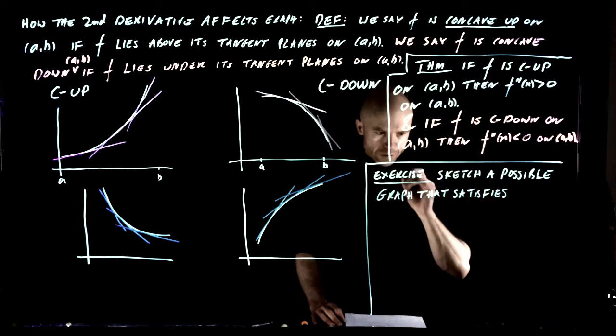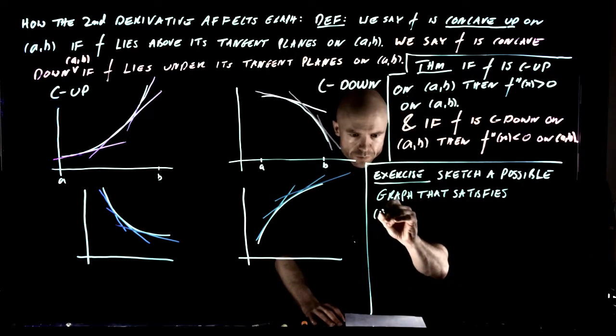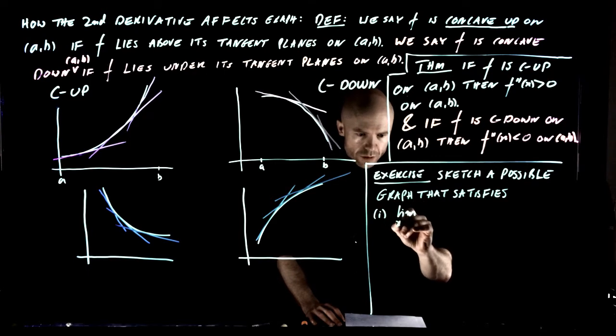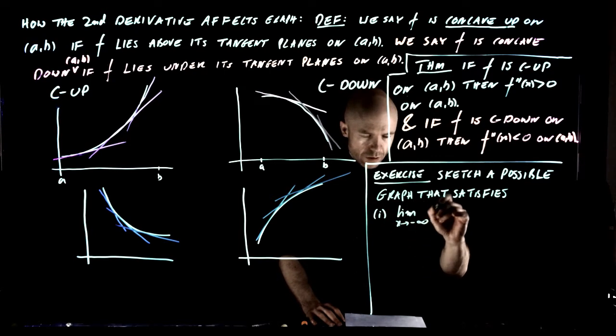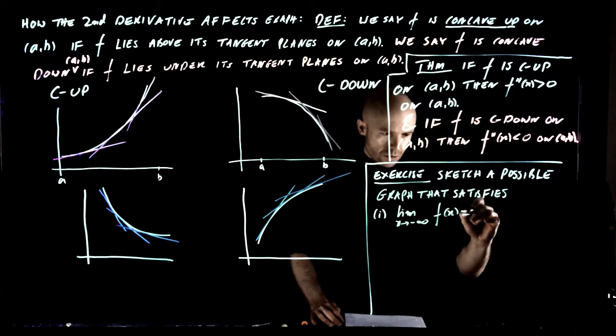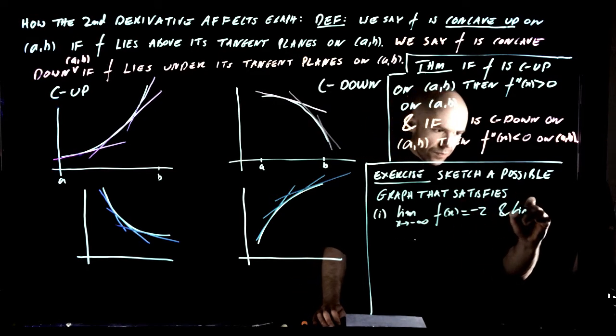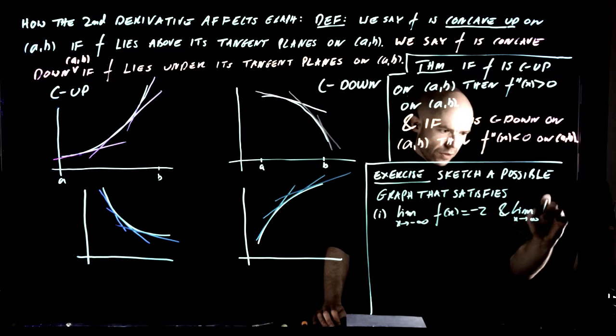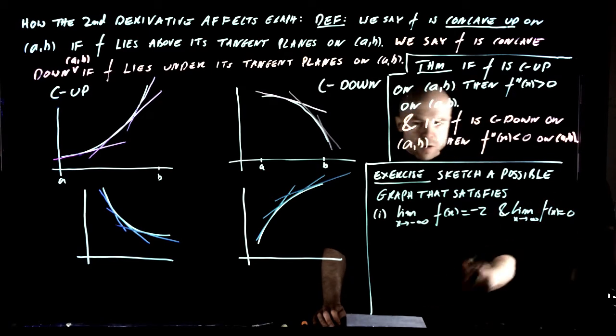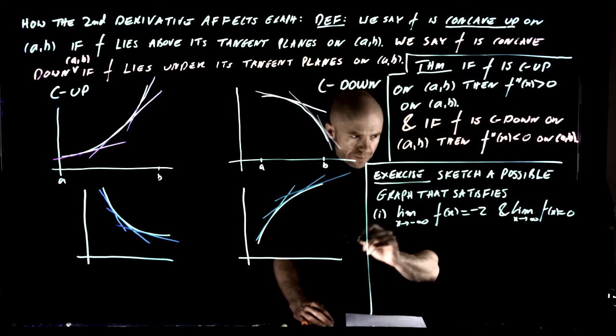So we have three pieces of information. The first one is that the limit as x goes to minus infinity of f of x is minus 2, and the limit as x goes to infinity of f of x equals 0. So we have horizontal asymptotes at minus 2 and at 0.